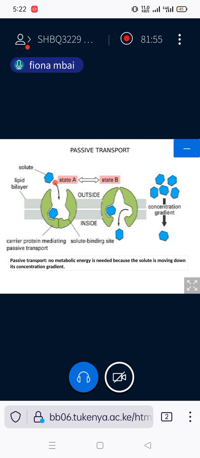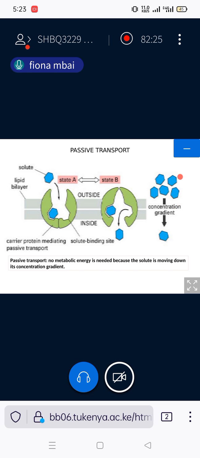So a solute will come and bind a specific area in the carrier protein, which is supposed to mediate the transport of this particular molecule, solute A. And once it binds in there, it closes, and this is the solute binding site. It will close, and once it closes, it will release the solute.